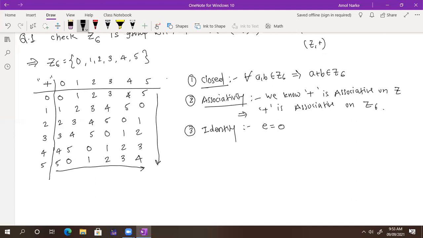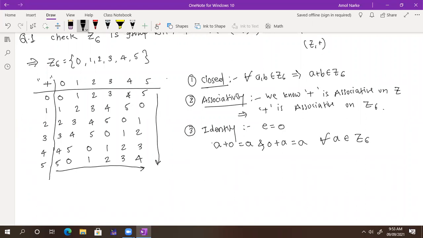How is it 0? Because a plus 0 is equal to a for all a, or you can also write it the other way, 0 plus a is equal to a for all a belonging to Z6.